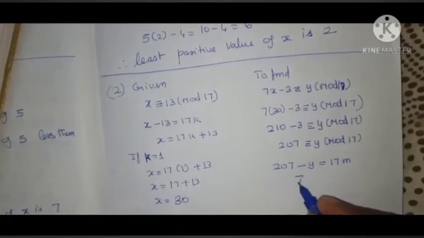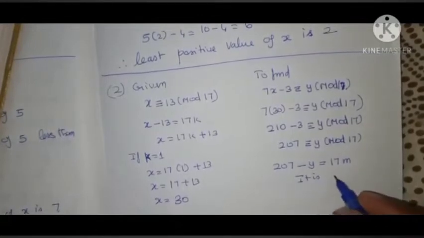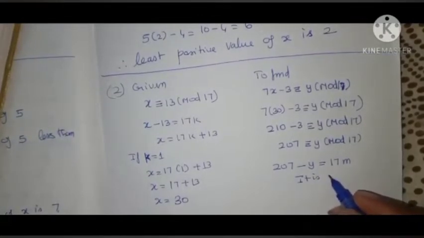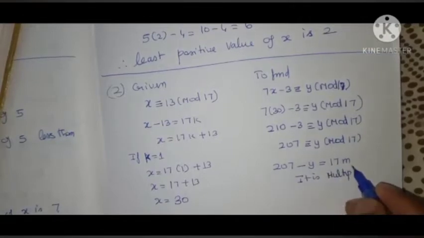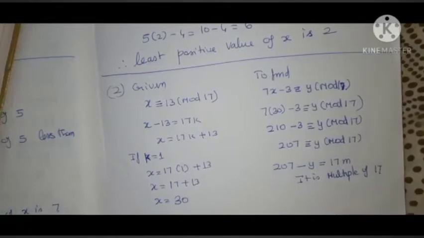It is a multiple of 17. So 207 is divided by 17.